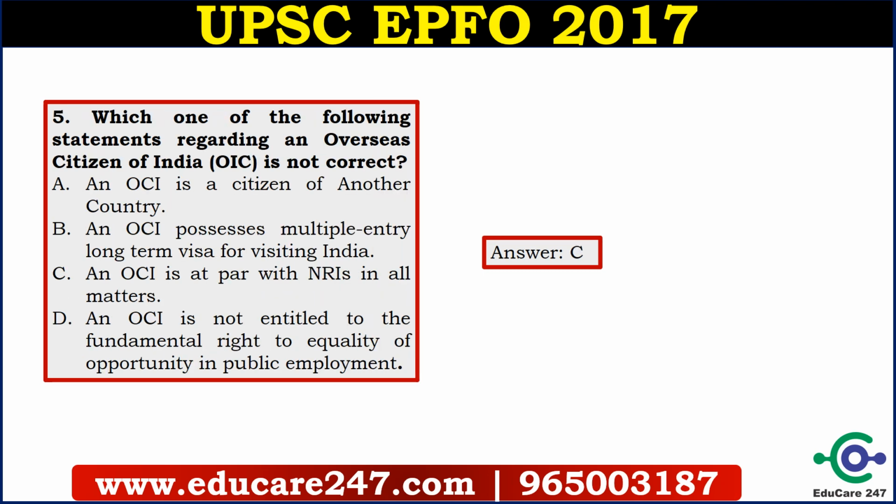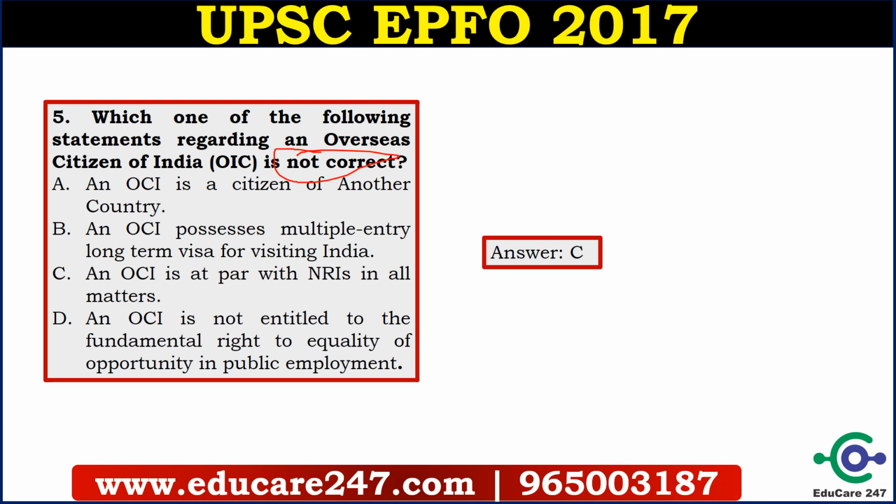The next question is, which one of the following statements regarding the Overseas Citizen of India is not correct? So again, not correct has been asked. The first option is, an OCI, Overseas Citizen of India, is a citizen of another country. This is true. The second is, an OCI possesses a multiple entry long-term visa for visiting India. This is also correct. The third statement is, an OCI is at par with NRIs in all matters.